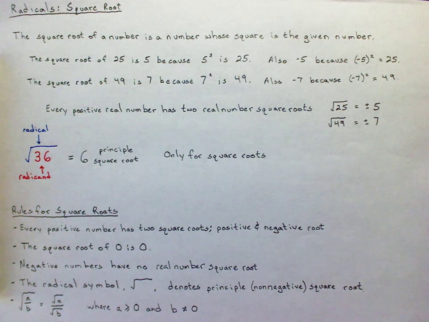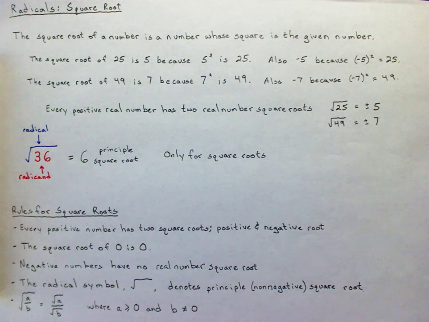Likewise, the square root of, say, 49 is 7 because 7 squared is 49, and the same can be said that a negative 7 squared equals 49. So what that tells us is that every real number has two real number square roots. The square root of 25 equals plus or minus 5, and the square root of 49 equals plus or minus 7.